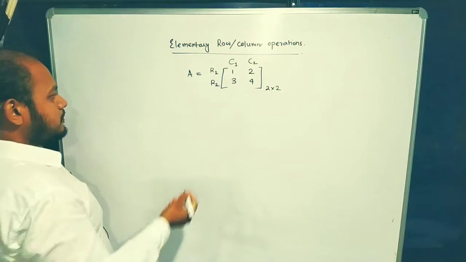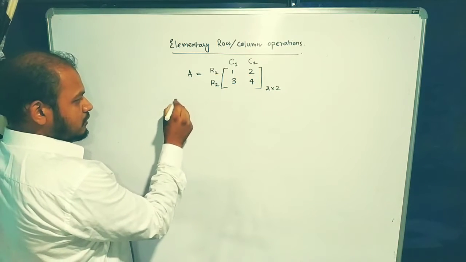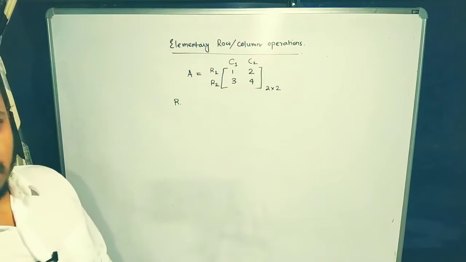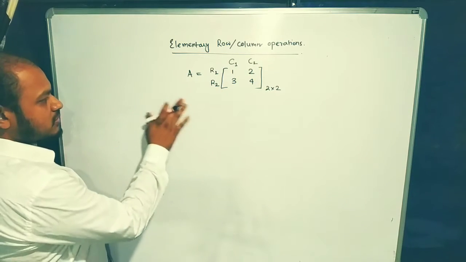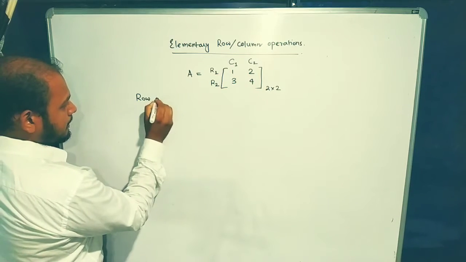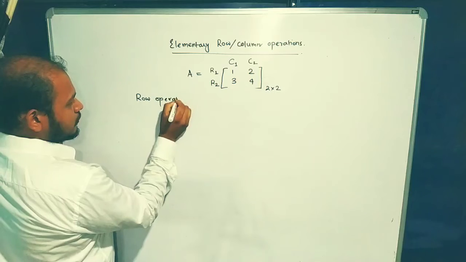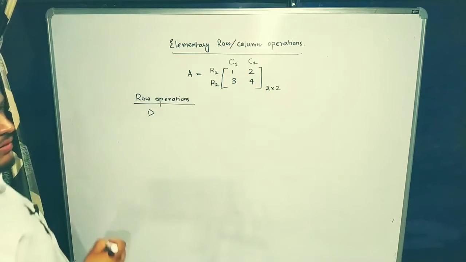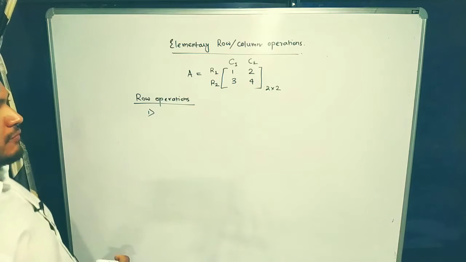Okay, now do this operation. As I have told you before, for each and every row or each and every column, we can do certain operations. For example, for row operations, the first type of operation is the interchanging of rows.